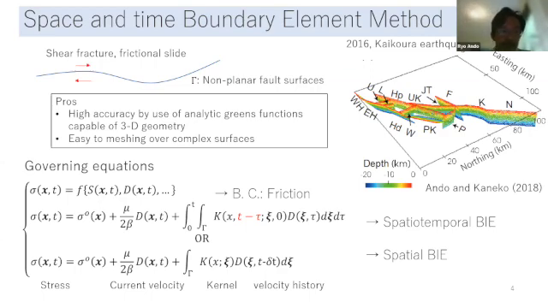The good thing about the space and time domain is its good capability for complex fault geometry like this. This is our previous modeling of the 2016 Kaikoura earthquake. Many branches and parallel and oblique faults exist there. But the space and time domain boundary element method is capable of modeling this kind of complicated geometry.